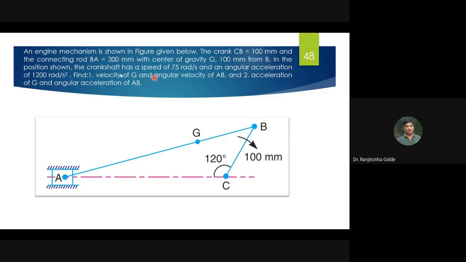So first we will find out with the help of the velocity diagram, and second we are going to draw the acceleration diagram to find out the acceleration of G and angular acceleration of AB.